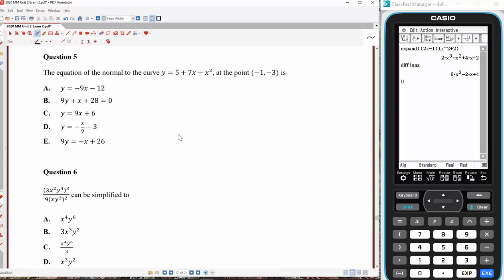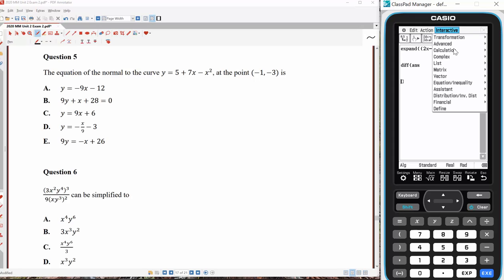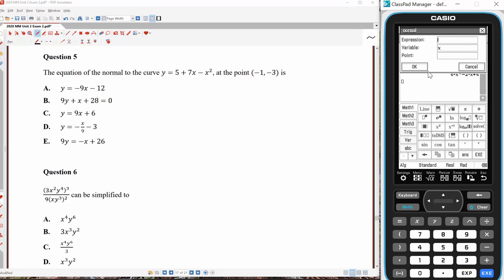All right, equation of the normal to the curve at the point. This is way quicker if you do this using line and normal. You give it the expression 7x take x squared, and it's when the value of x is -1. We don't need the y coordinate.